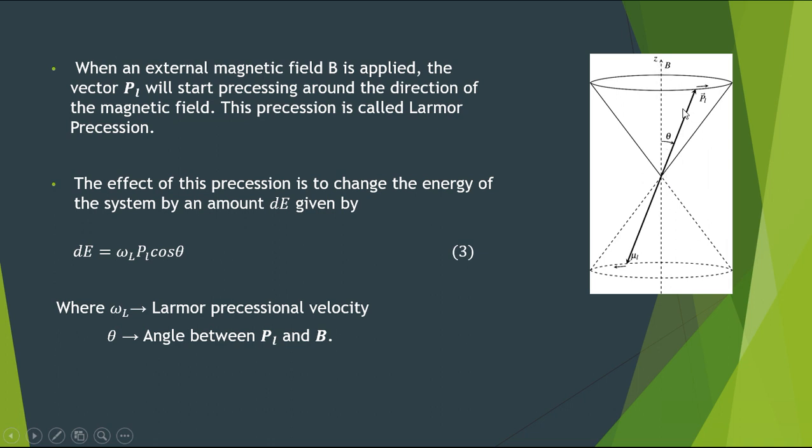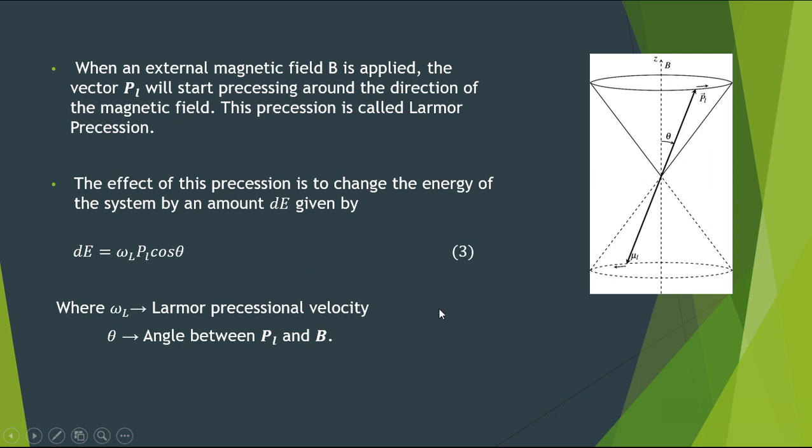Now when the magnetic field is applied, this orbital angular momentum will start revolving around the direction of the magnetic field like this, as shown by this arrow. Now the trajectory of this revolution or this precession will be like a cone in 3 dimensions. This precession is called Larmor precession.